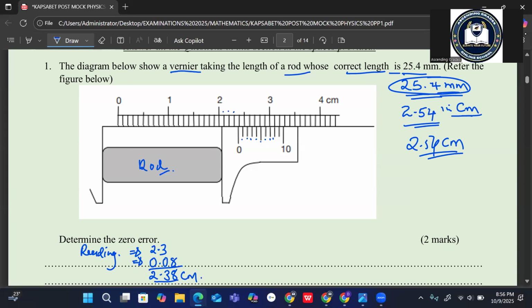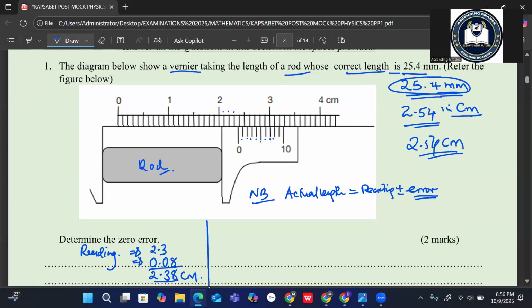Now we have the real question here, which is asking, determine the zero error. Remember, for us to get the actual length, it is given by the reading plus or minus the error.